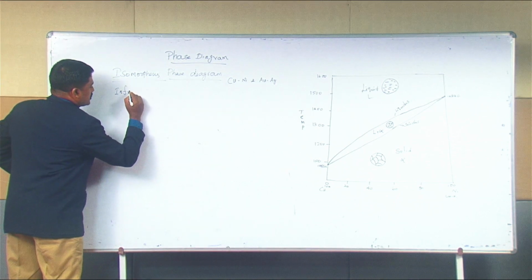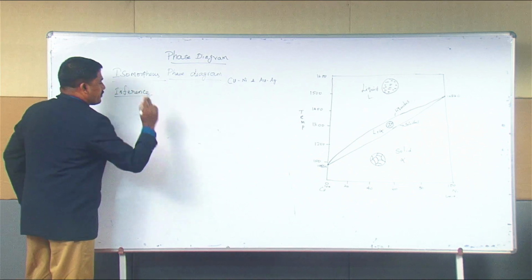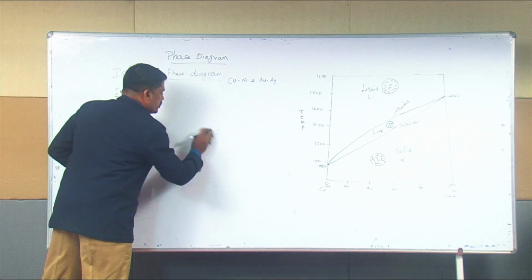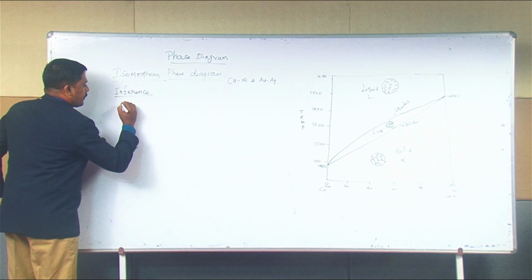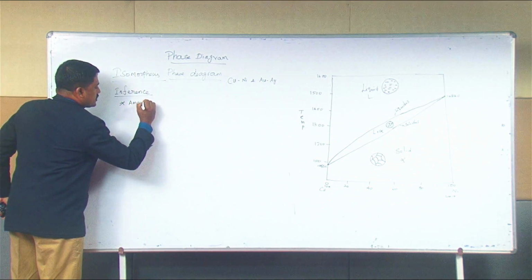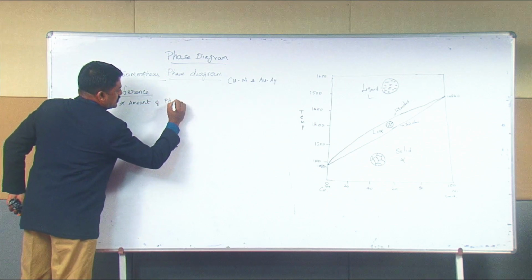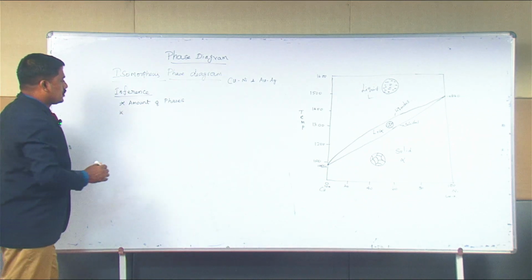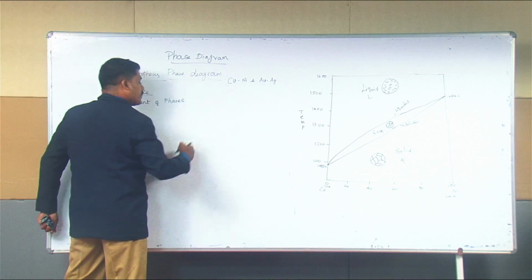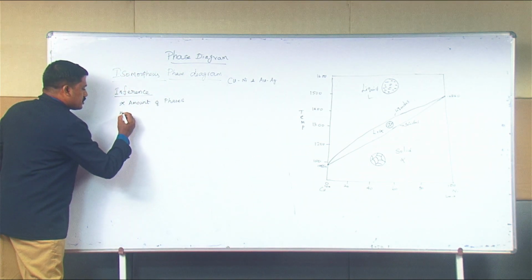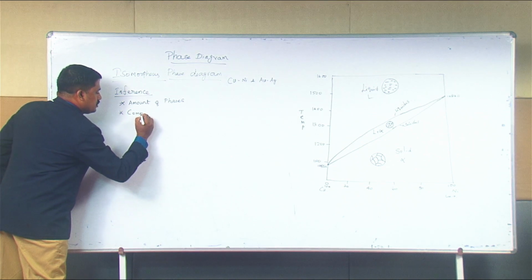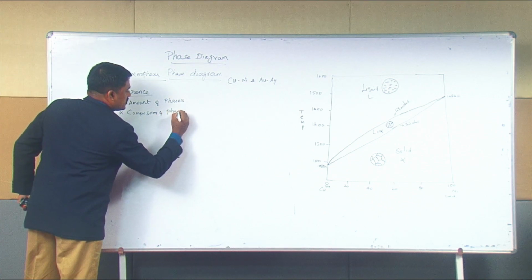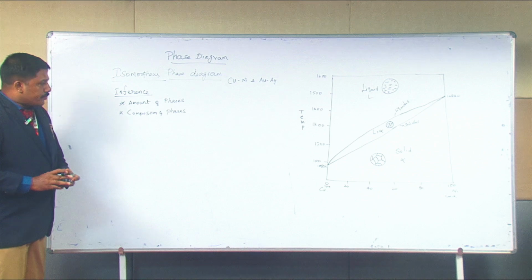Inference: the phase diagram is used to determine the amount of phases at a specific temperature, and next, the composition of phases at a particular temperature.